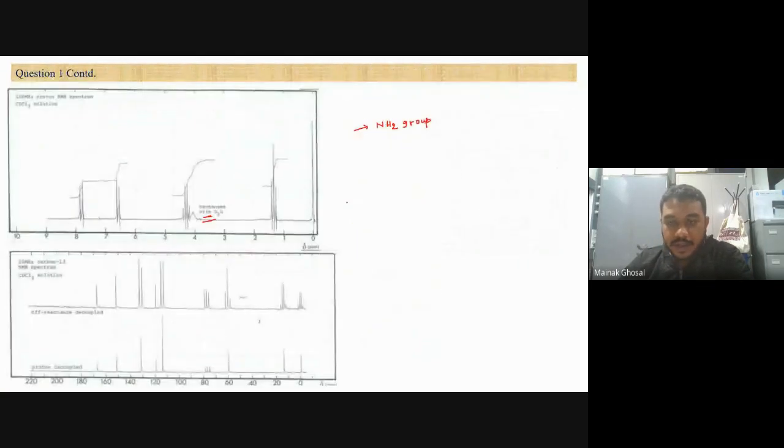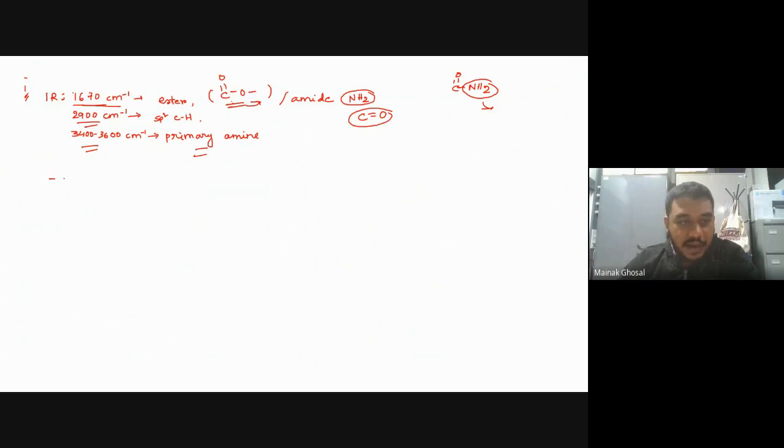So you have some aromatic ring, some NH2, some C=O, and sp2 carbon-hydrogen. With an aromatic ring, there is a strong possibility of sp2 carbon-hydrogen presence. So IR can give this much information about the compound.